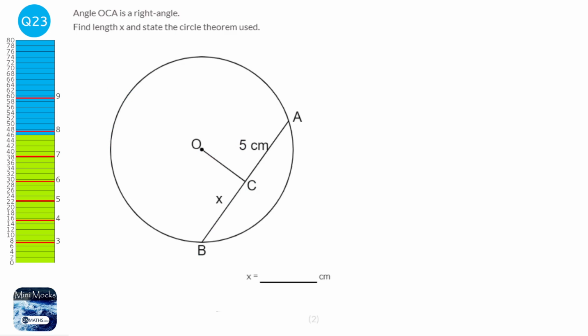It tells us in the question that angle OCA is a right angle. So if that's a right angle, it means that OC and AB are perpendicular. If they're perpendicular, that means that x is 5 centimeters.